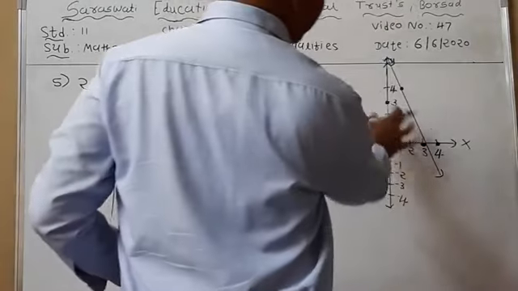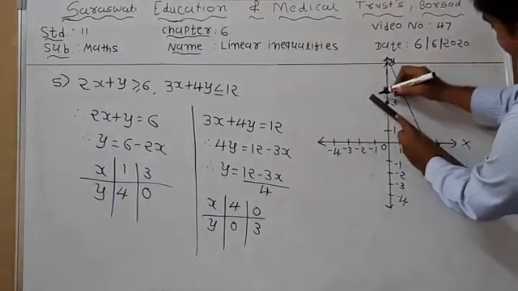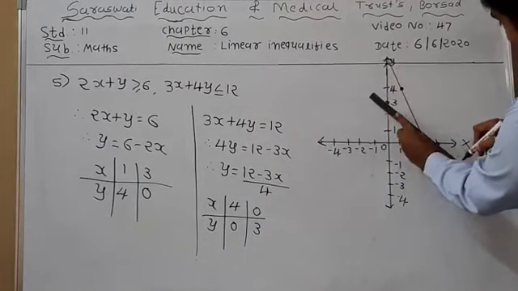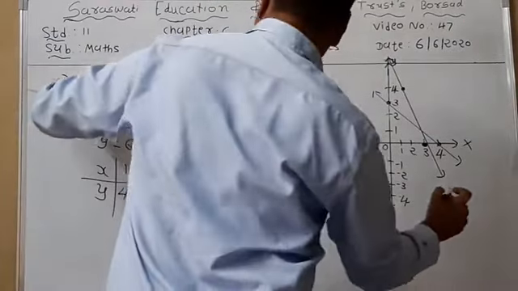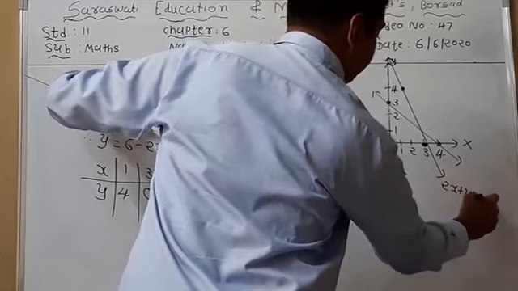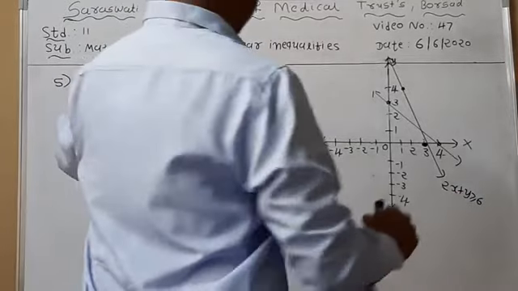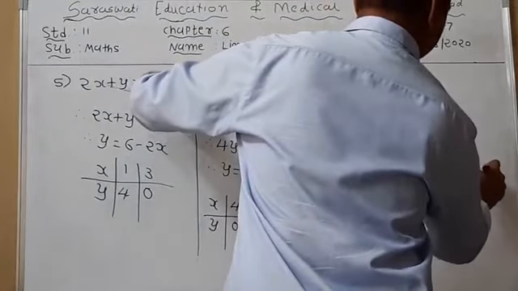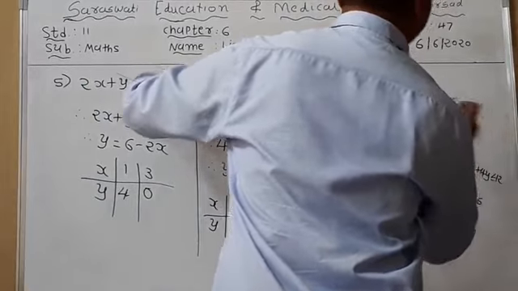Now join these points with a line. Here we write the equation 2x plus y greater than or equal to 6, and here the equation 3x plus 4y less than or equal to 12.